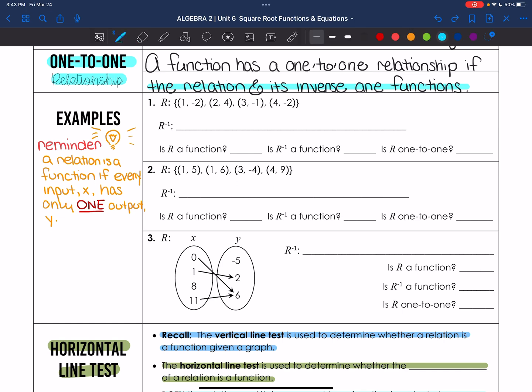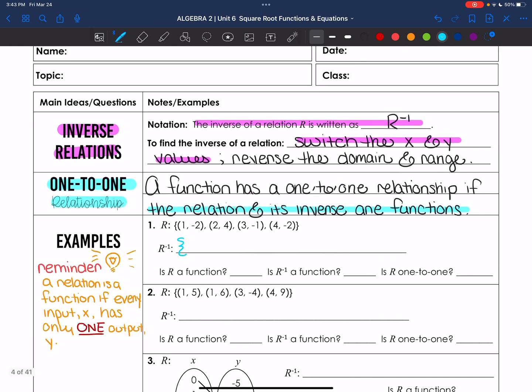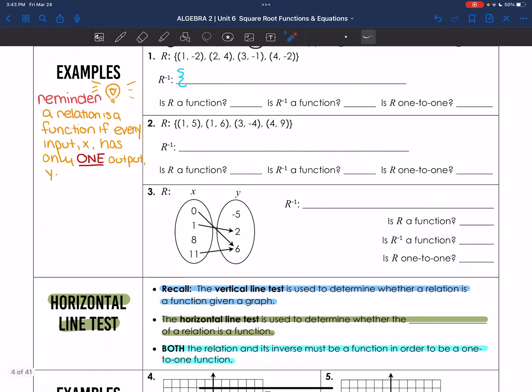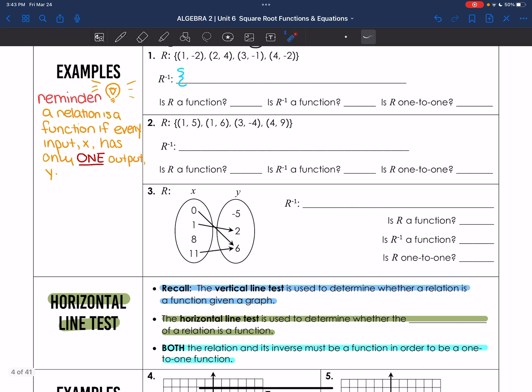So let's begin to look here at the very first example. What we want to do is find the R inverse, which means we are going to switch the x and y values to find the inverse. I'm going to take the values of each coordinate and switch them, so that now what I have is -2, 1.